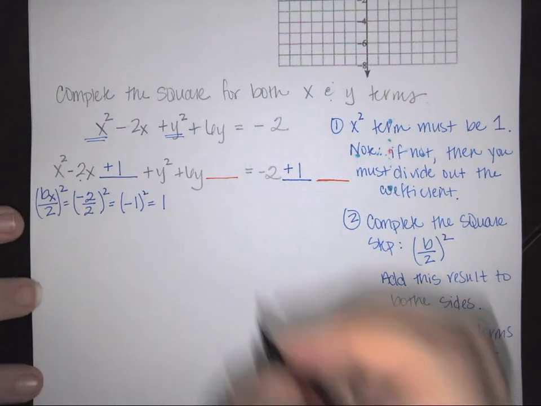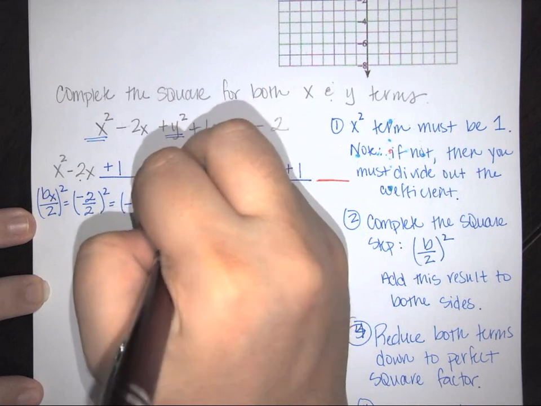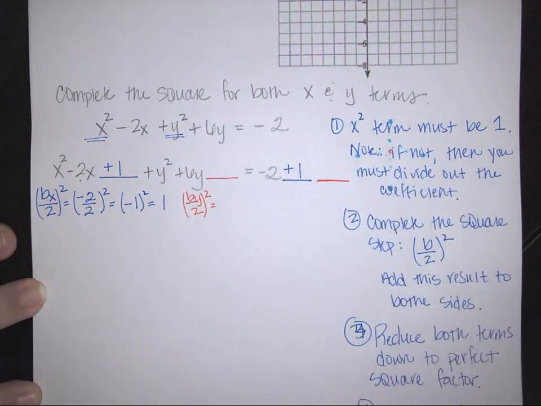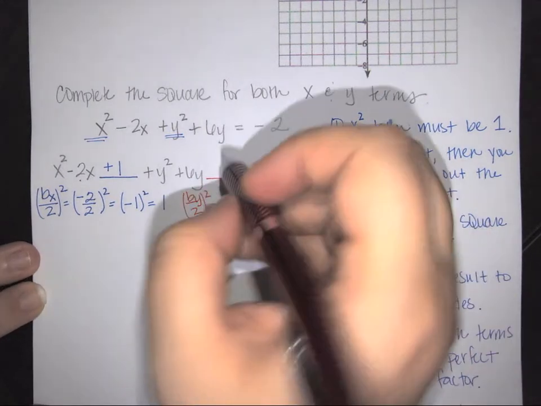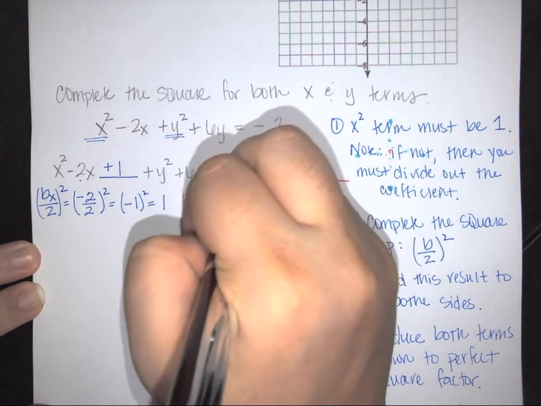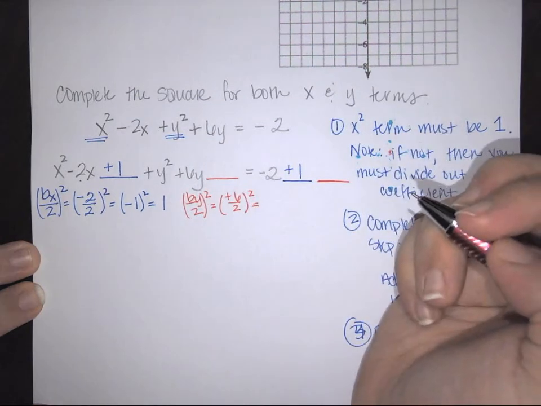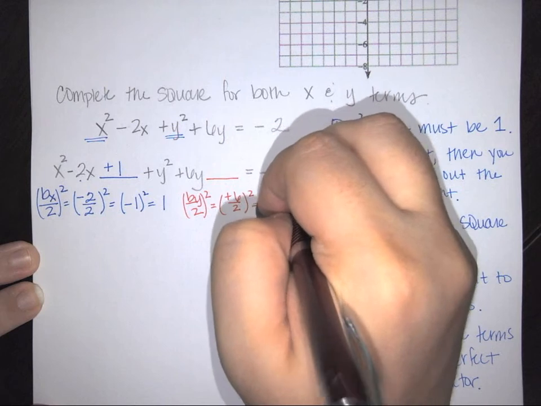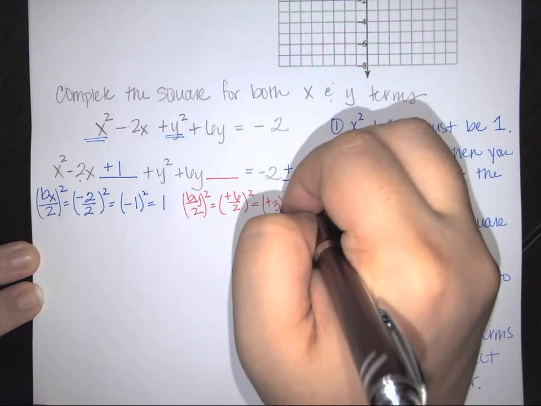Now I'm going to do my y's. Again, I'm going to have b for my y term over 2, and I'm going to square it. In this case my y is a positive 6, so this is plus 6 over 2 squared. 6 over 2 reduces to a positive 3, and 3 squared is 9.